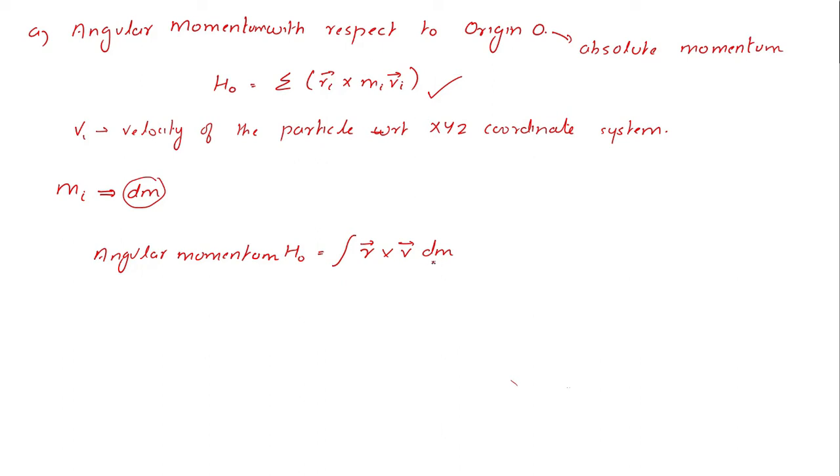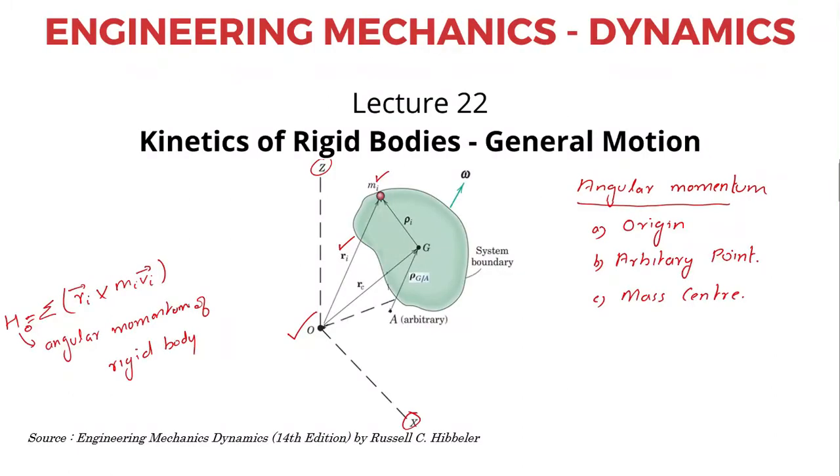So v dm represents the linear momentum, and its cross product with r gives the angular momentum with respect to the point O. Now you see this rigid body is undergoing an angular velocity omega with respect to the reference frame XYZ. So I can say that v is equal to omega vector cross r vector.